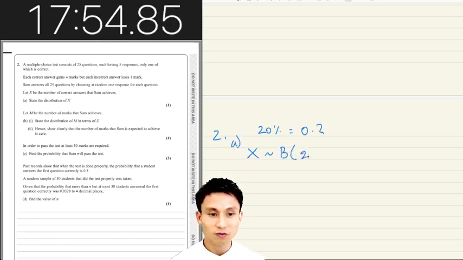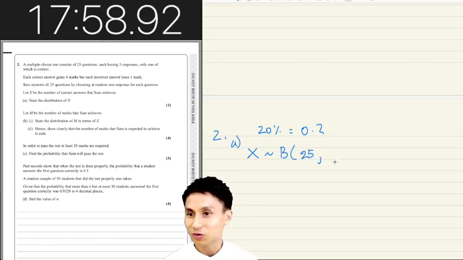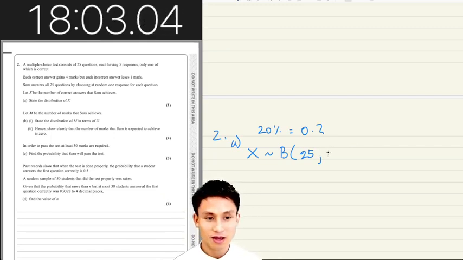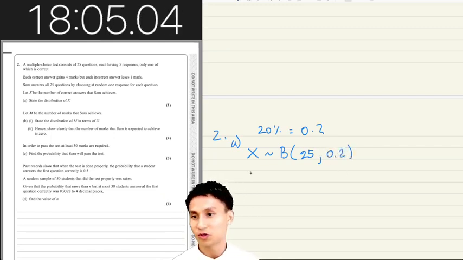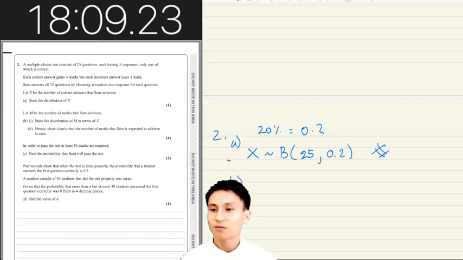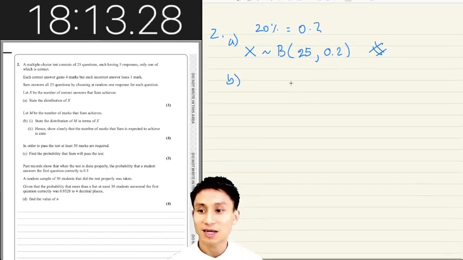And there are 25 questions, so that's an n. And the probability of success, which is the number of correct answers there, X, each one being 0.2. All right, so that's it, binomial. That's A. B, let M be the number of marks that Sam achieves.